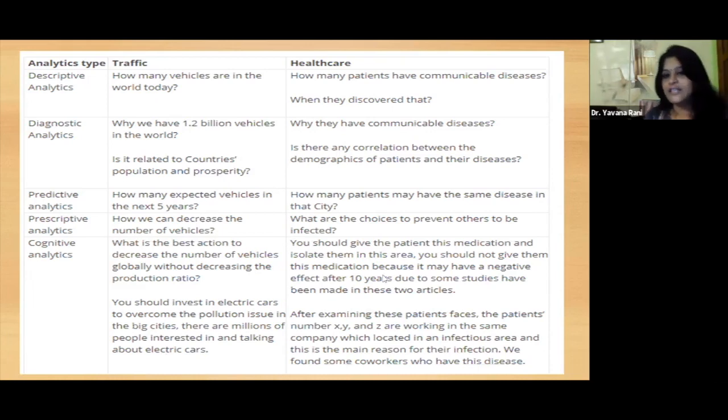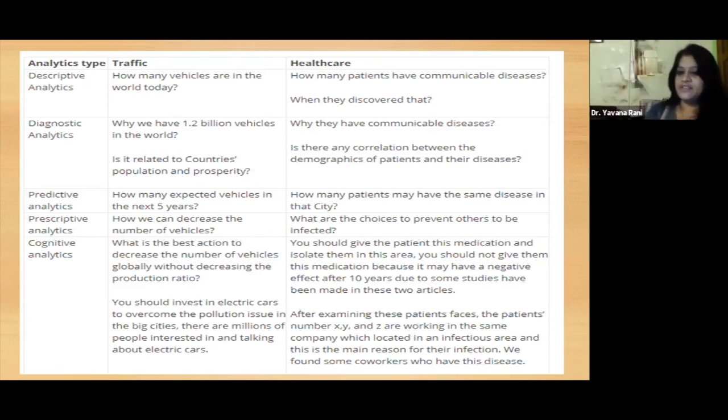And if you take the second example, you should give the patient this medication and isolate them in this area, right? You should not give them this medication because it may have a negative effect after 10 years, due to some studies made in these two cities, in those two articles. After examining these patients, patients number XYZ work in the same company, located in the same infectious area.